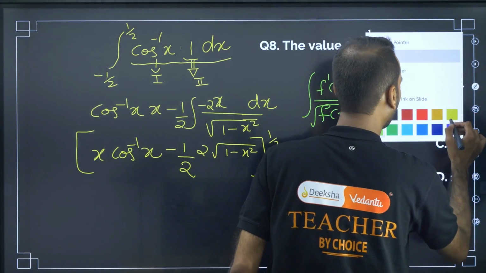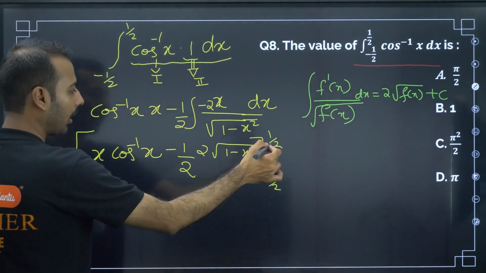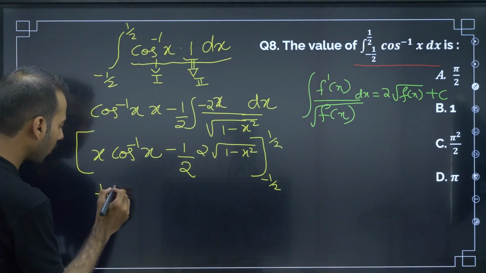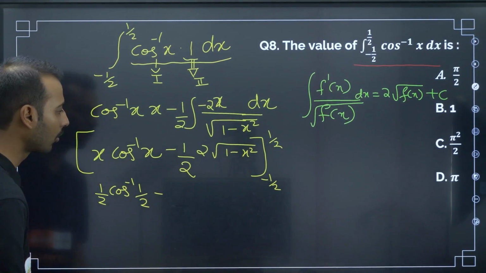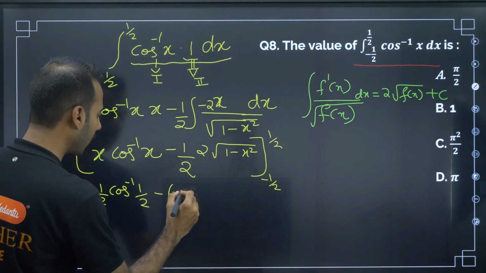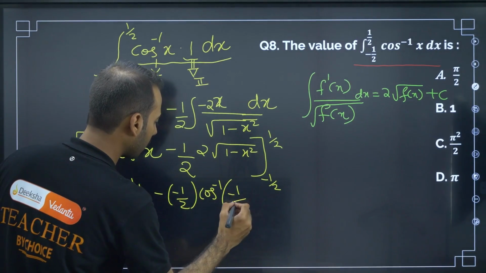Next, let me go for solving this problem. X cos inverse x. Let me place the upper limit 1 by 2 cos inverse 1 by 2, minus the lower limit, minus 1 by 2 cos inverse of minus 1 by 2.